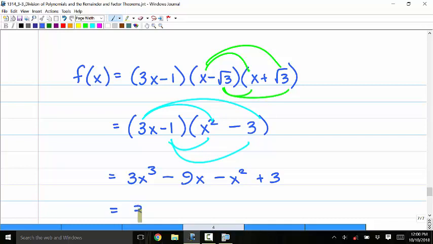I would probably prefer to write it 3x cubed minus x squared minus 9x plus 3. That is a polynomial of degree 3 that has those 3 given roots.